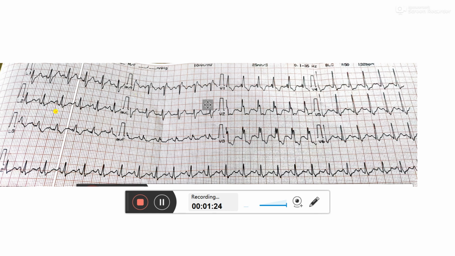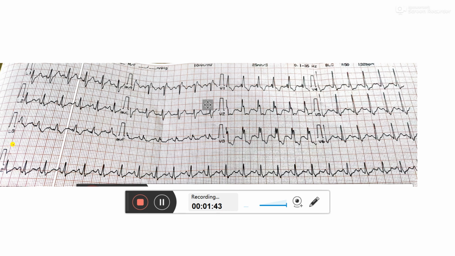When we get an ECG paper, at first I tell you that there is a large box. Every large box has 25 small boxes.